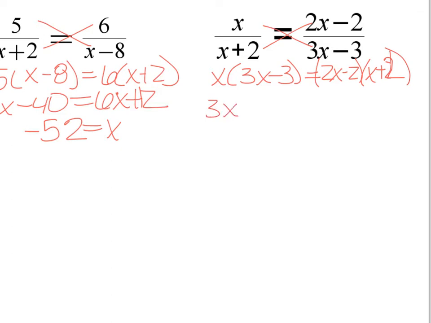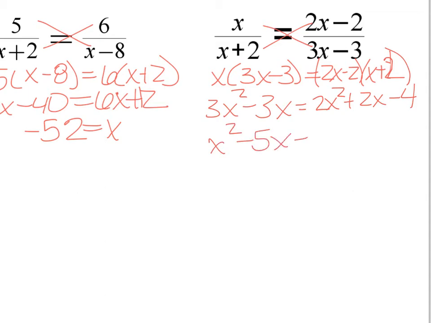Distribute: 3x squared minus 3x equals 2x squared plus 2x minus 4. Get everything on one side because this is a quadratic. So I'd get x squared minus 5x plus 4 equals 0.